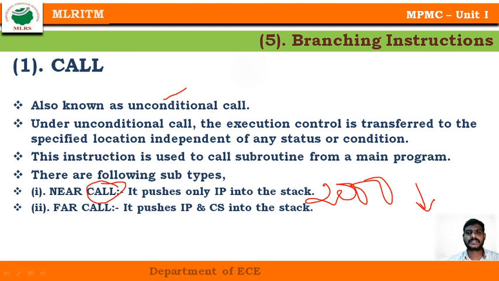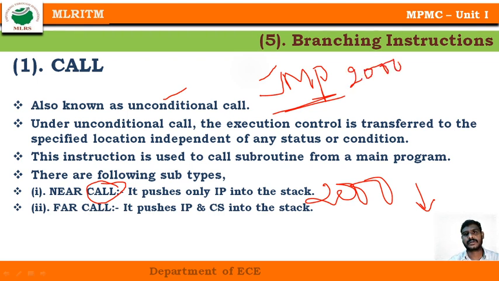We have some conditional instructions also. In the case of unconditional, we can say JMP. Jump is also an unconditional one. When I say jump 2000, the control will go to the particular 2000 location and start executing.